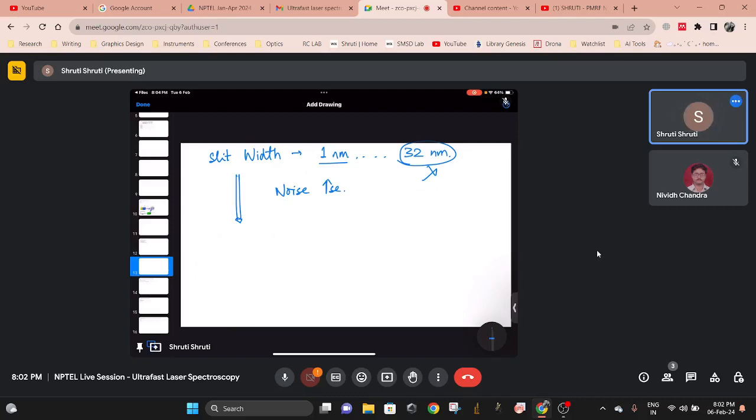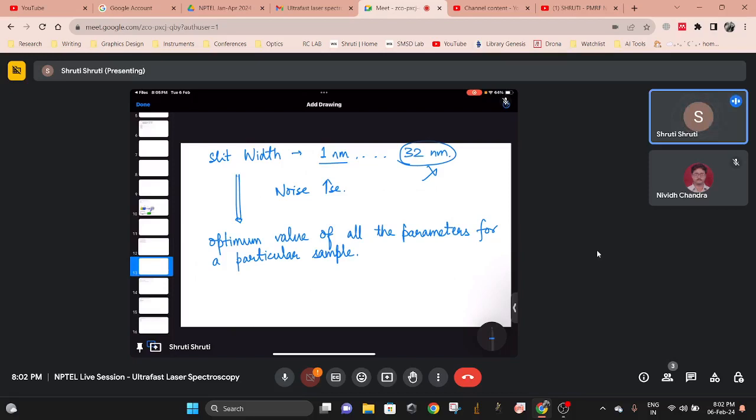So that's what I said, there is an optimum value for all the parameters for a particular sample, to get the quality of the data you want.